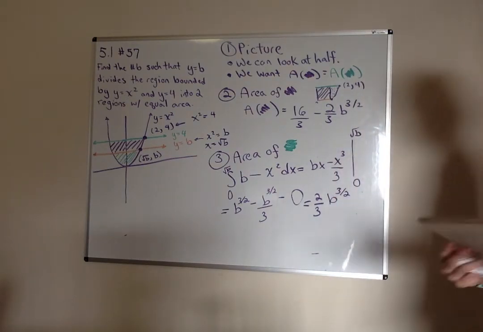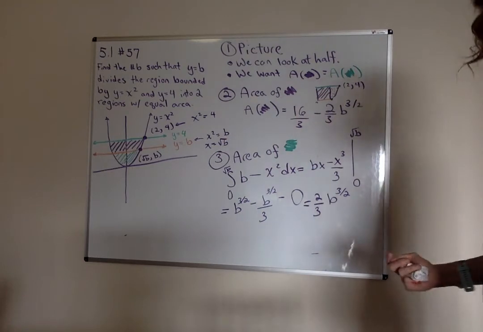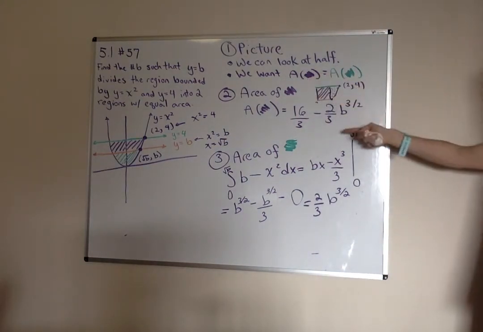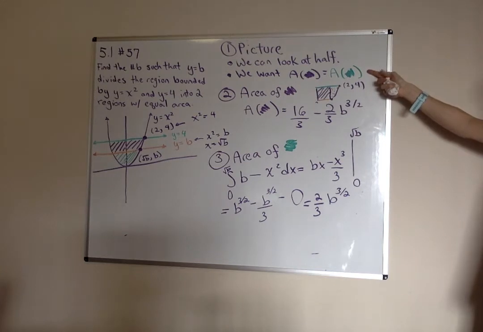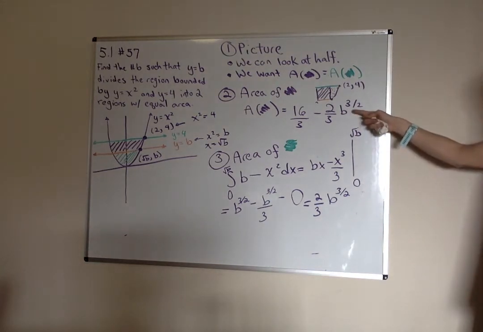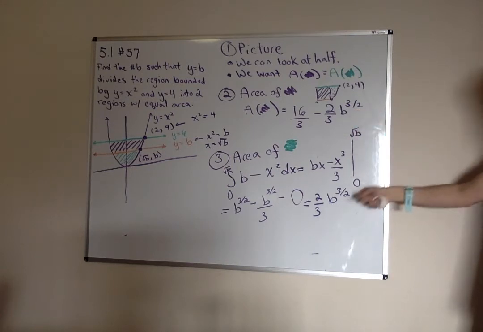Now I'm going to set the area of the purple region equal to the area of the green region and solve for b. So I'm setting this equal to this and solving for b. Try that out for a second.